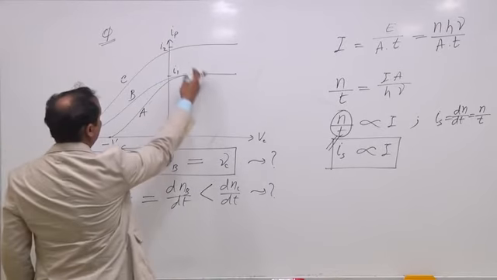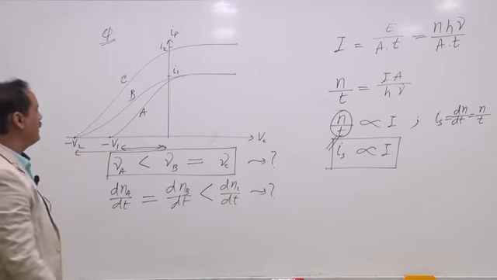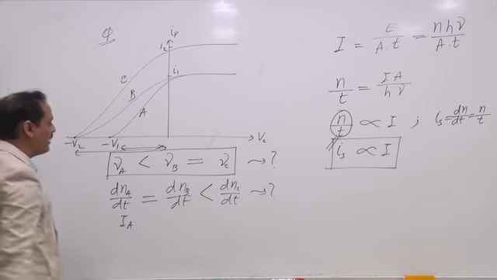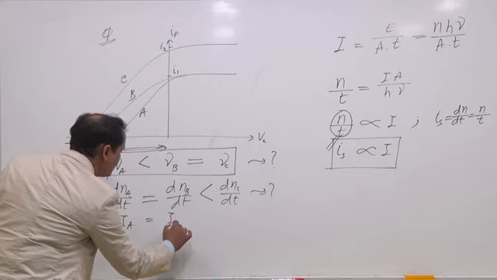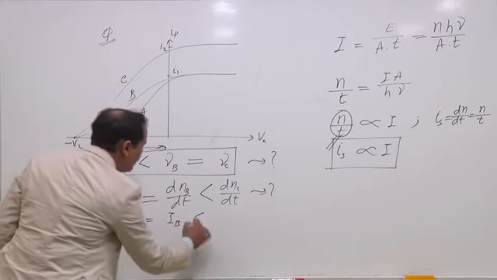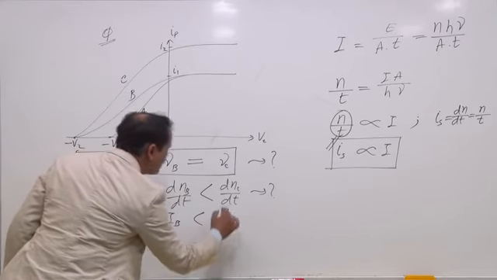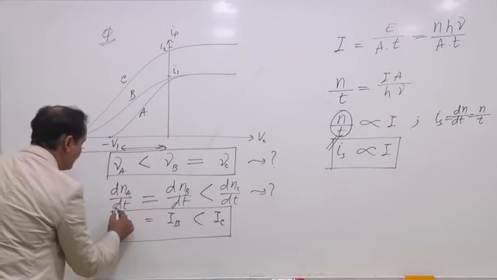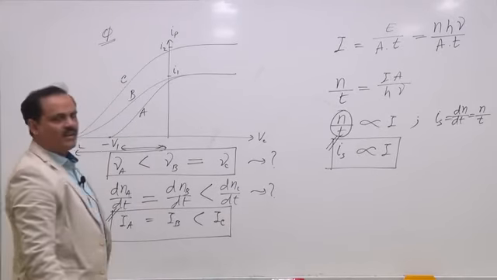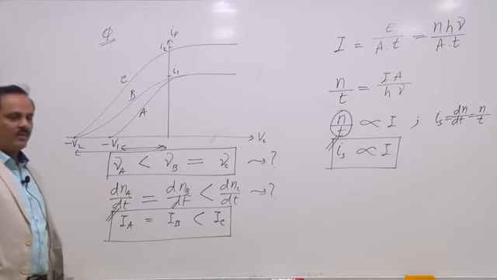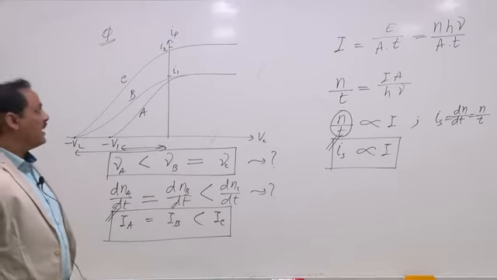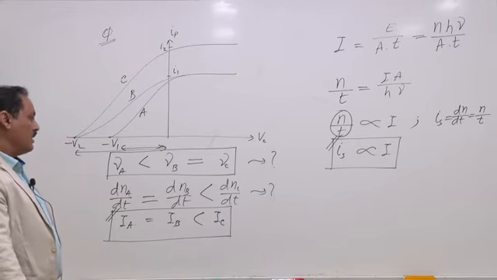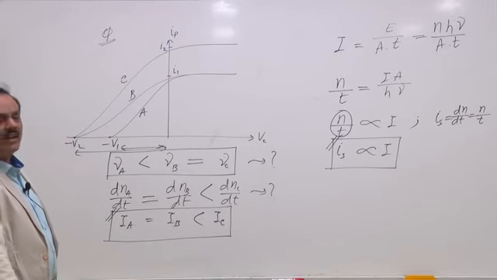So if I ask how intensities are related here, I can write the intensity of light falling on A is equal to the intensity of light falling on B, and that is less than the intensity of light falling on C. So in terms of intensity, the previous question could be related in this form: the intensities on A and B are equal and the intensity on C is greater than that on A and B.